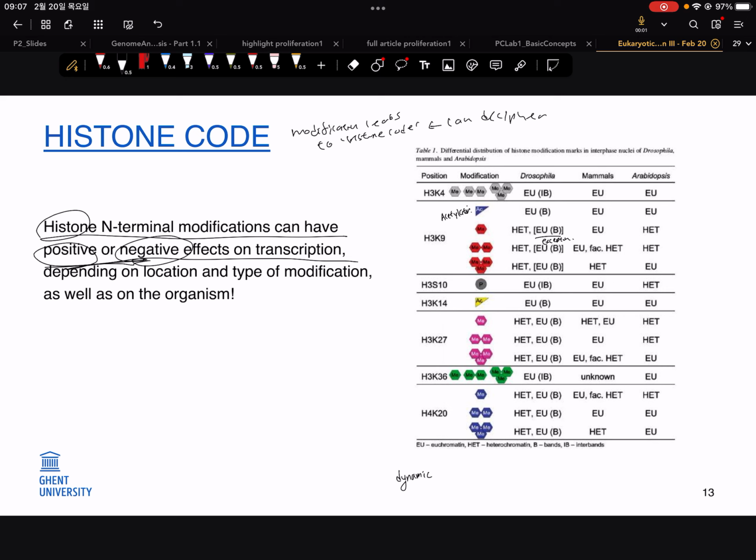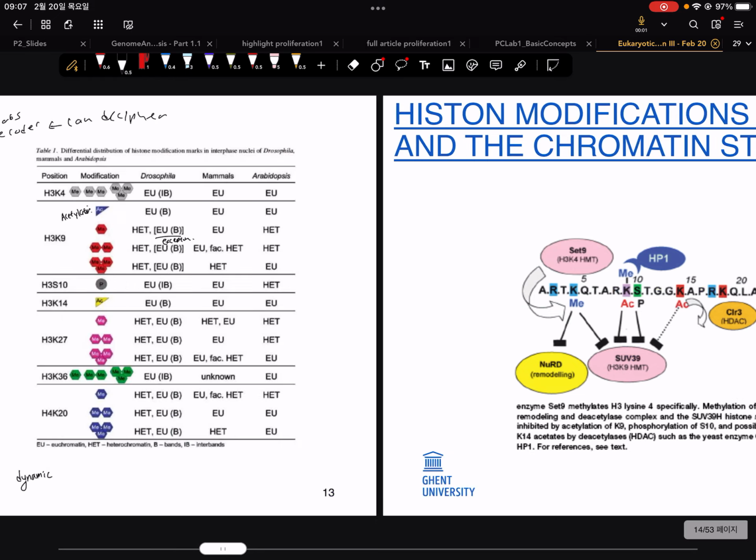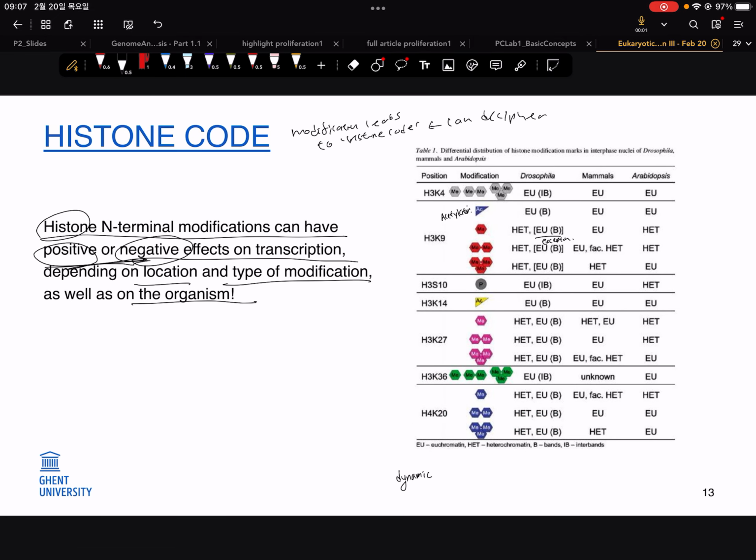Those changes happen within a few minutes. And that is, of course, very important for our genome to be able to respond quickly to the environment. So changing the marks on the histones is a very easy way of changing from a heterochromatin to a euchromatin state.